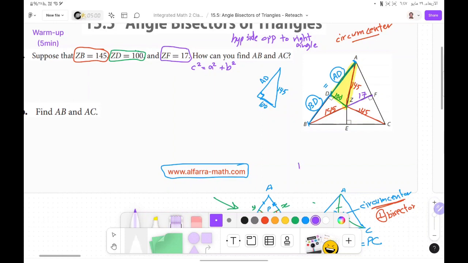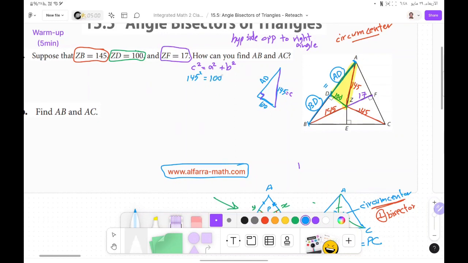Which side here is opposite to the right angle? This one is the hypotenuse, so this one represents C. Now let's put in the numbers: C is 145 squared, equal to 100 squared plus the other side squared. It doesn't matter if you write 100 as A or B.